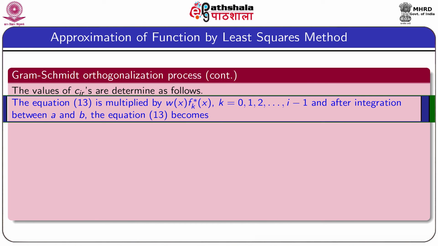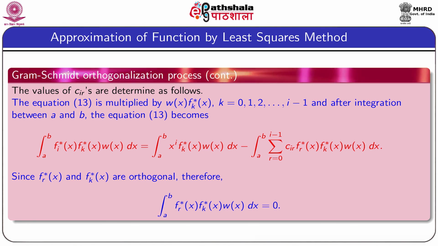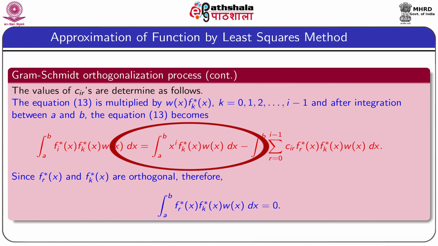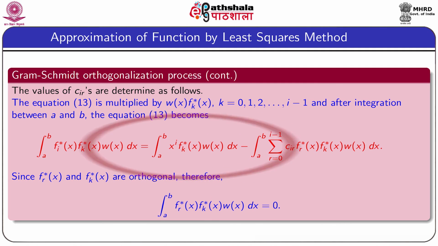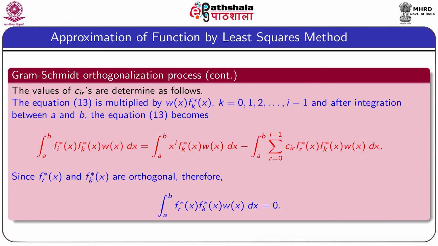Equation 13, that is the equation mentioned in the previous slide, is multiplied by w(x) f_k*(x), where k equals 0 to i minus 1, and after integration between a and b, equation 13 reduces to integration a to b f_i*(x) f_k*(x) w(x) dx equals integration a to b x^i f_k*(x) w(x) dx minus integration a to b summation over r equal to 0 to i minus 1 of c_ir f_r*(x) f_k*(x) w(x) dx.